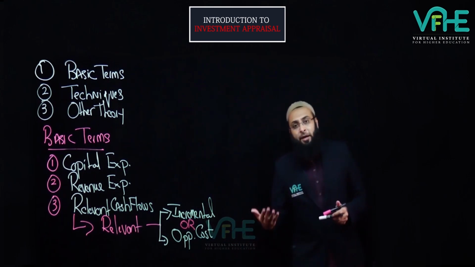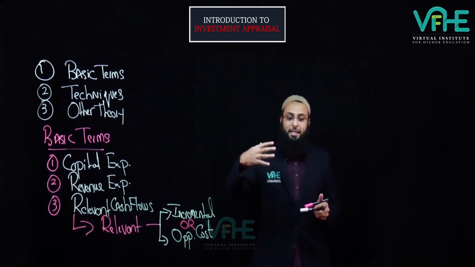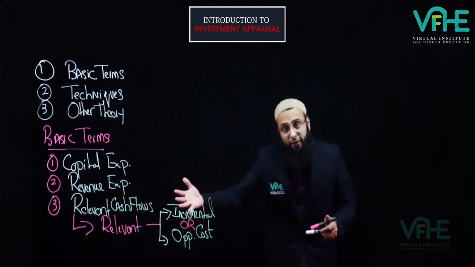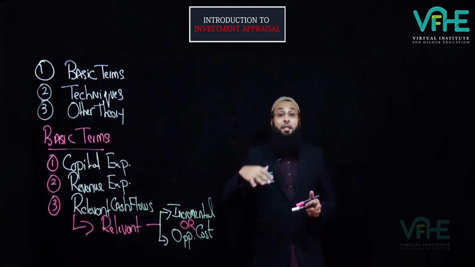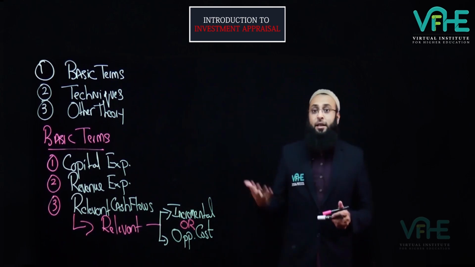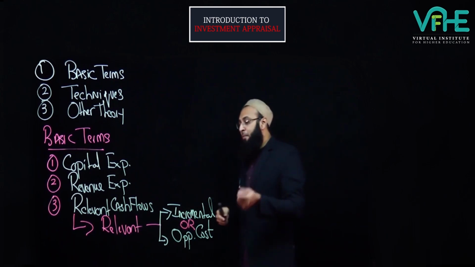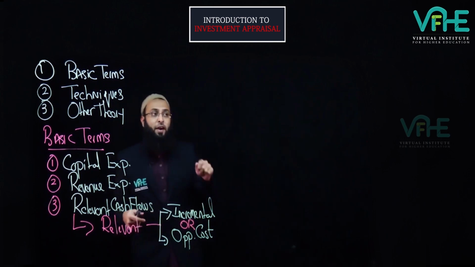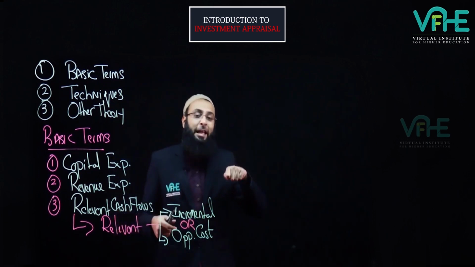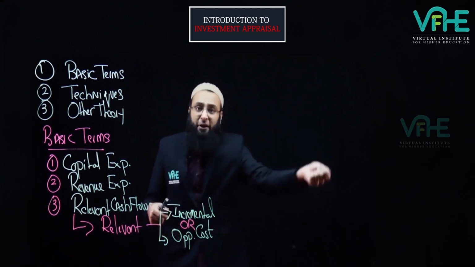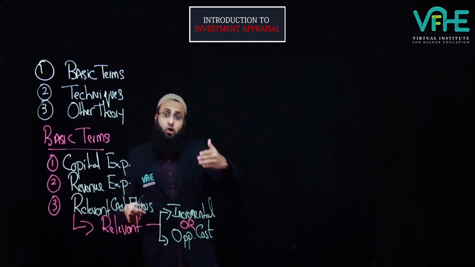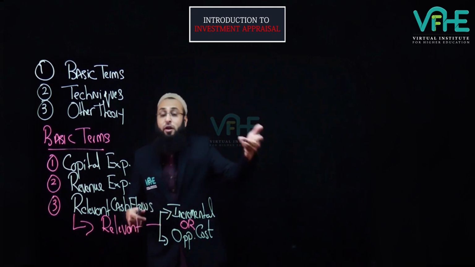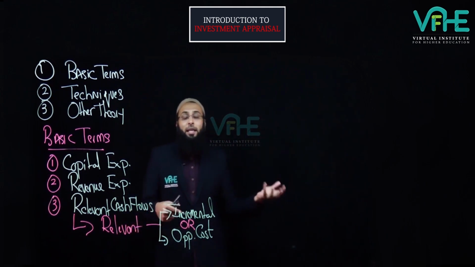Now, what is incremental? An expense that is being incurred because of the project, because of the direct consequence of the project, is an incremental cash flow. For example, if I'm planning to open a factory, I will incur the costs relating to the factory. All those costs that are incurred in relation to the factory opening are known as incremental cost.